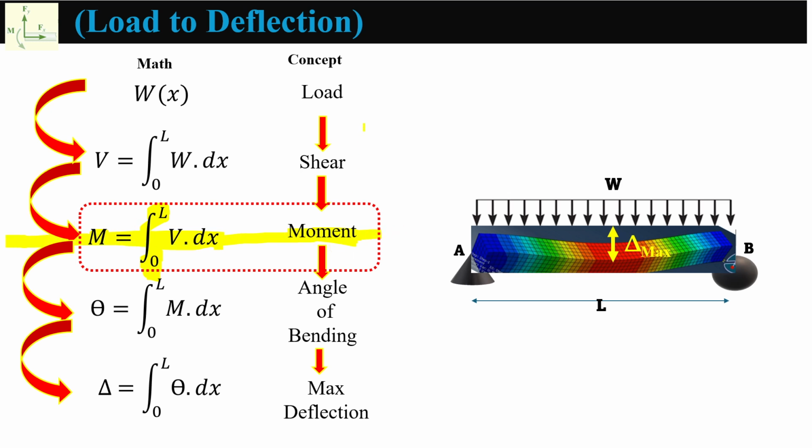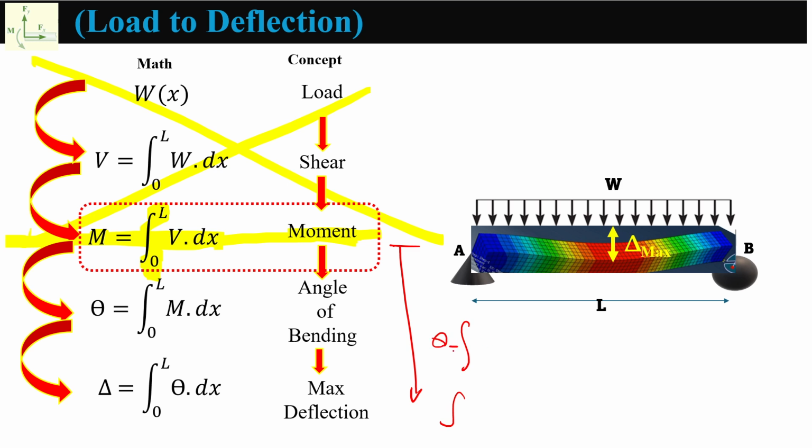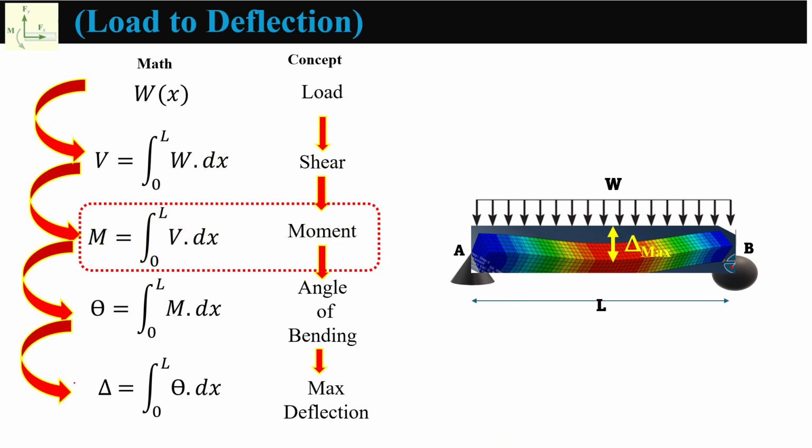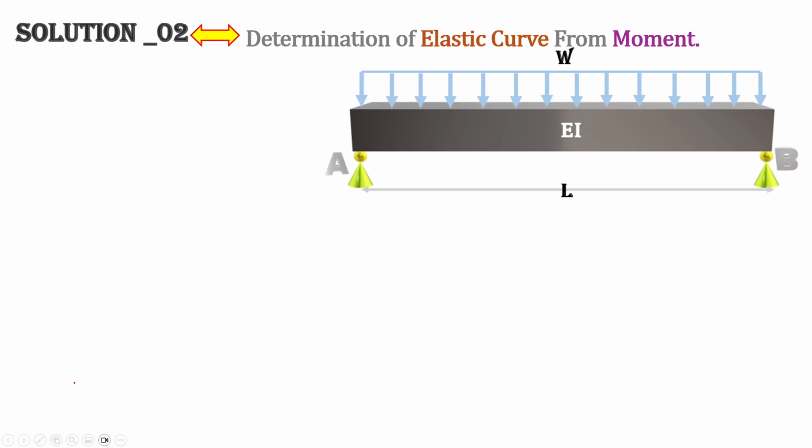So we don't need to worry about the top part, and we just need to develop the moment function and use two integrations: theta is the integration of M dx and delta is the integration of theta dx. So we just work with two integrations, but we need to cut the beam through and get the moment at a distance of x.